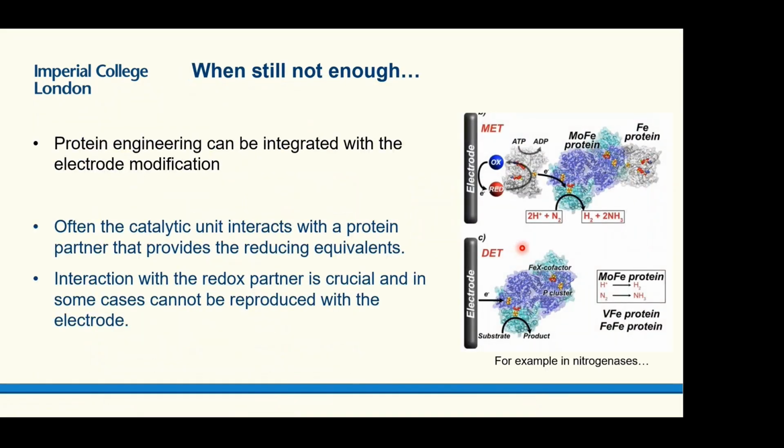When this is still not enough, because tethering enzymes is more complicated, then we can think about doing protein engineering to try to improve this. To give you an example of this, nitrogenase.